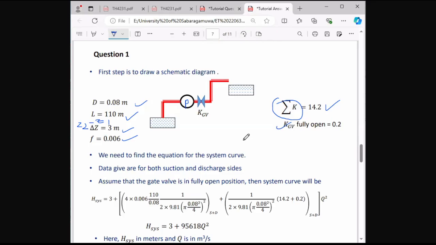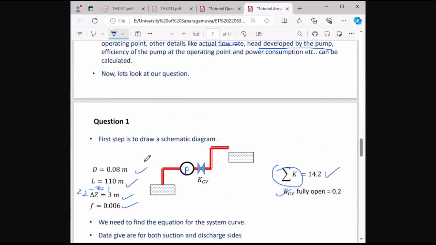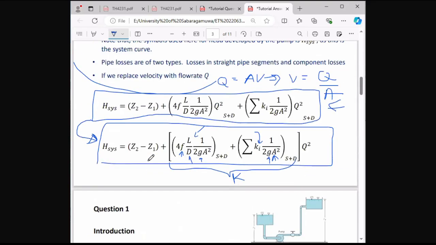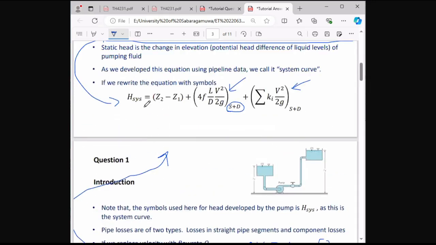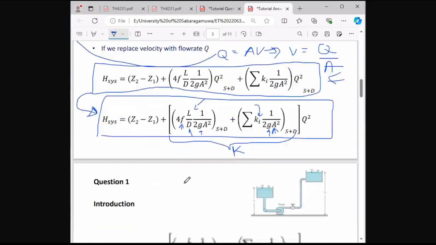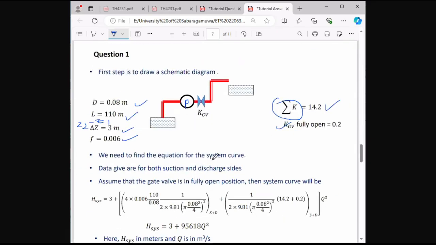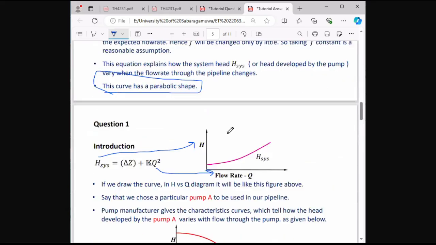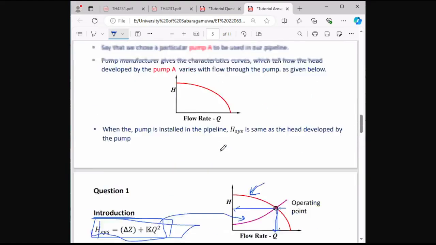Then you already know about the equation, the system head equation. You can write it like this. System head equation equals Z2 minus Z1 plus the loss terms.